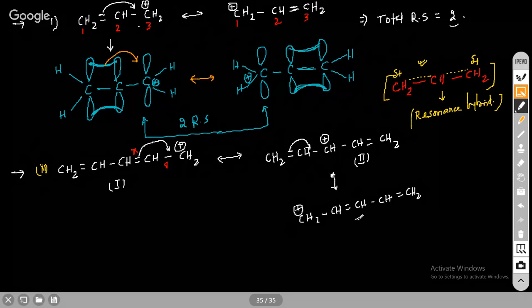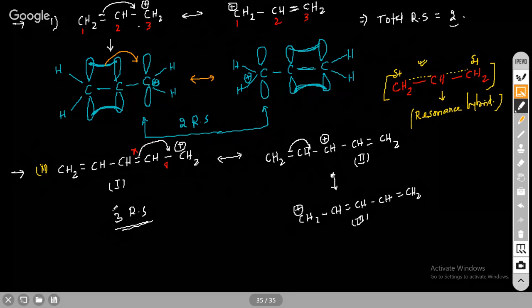So this is the third structure we have. These three structures are known as resonating structures. So for this molecule, we have a total of 3 resonating structures possible.